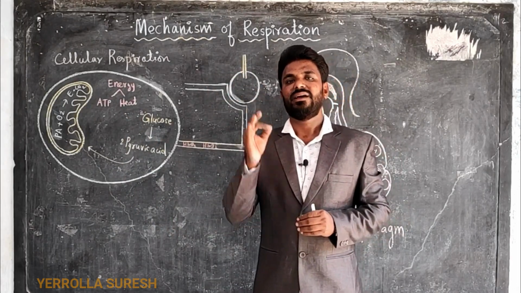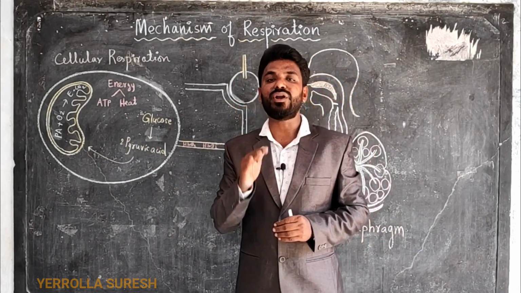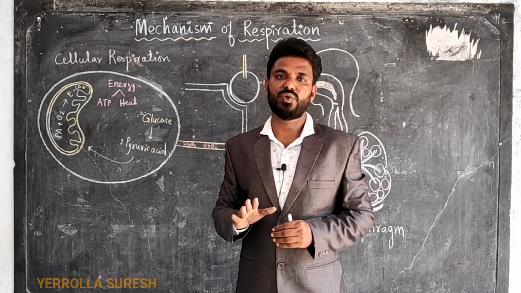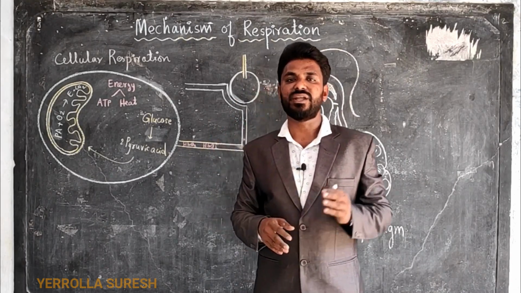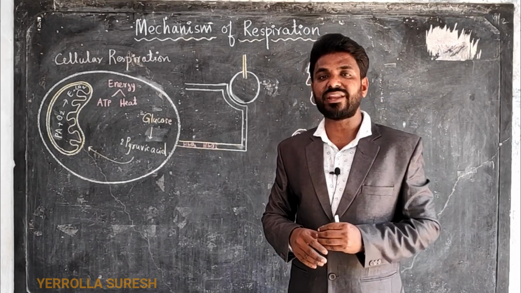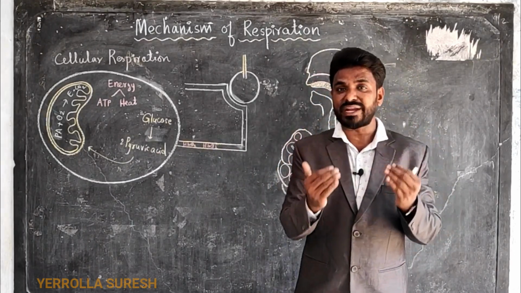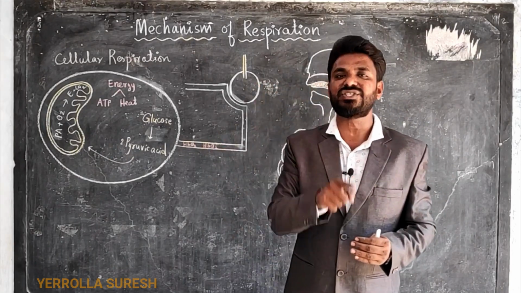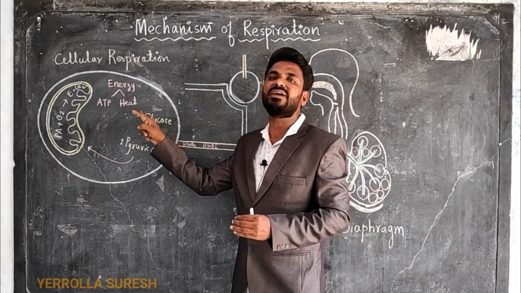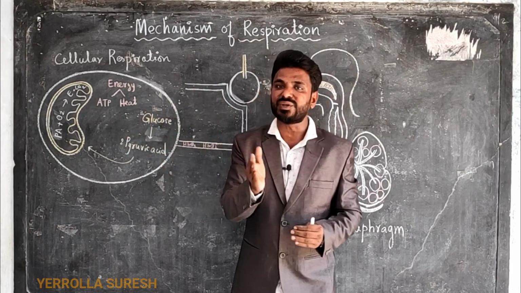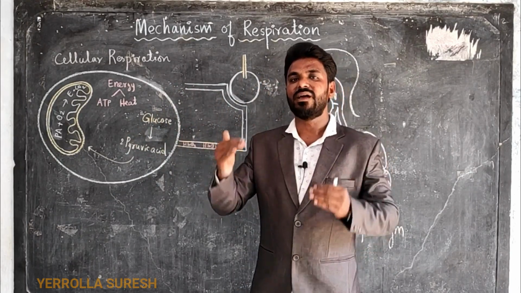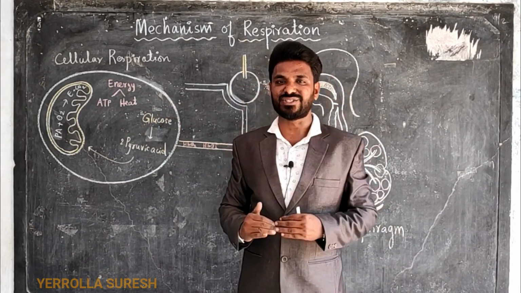That heat helps in maintaining our body temperature constant. So we have a body temperature of 98.4 degrees Fahrenheit or 37 degrees Celsius. That is constant. How is it maintained constant? It is maintained by the continuous release of energy, which is converted into the form of heat. By that heat, our body temperature is maintained constantly.